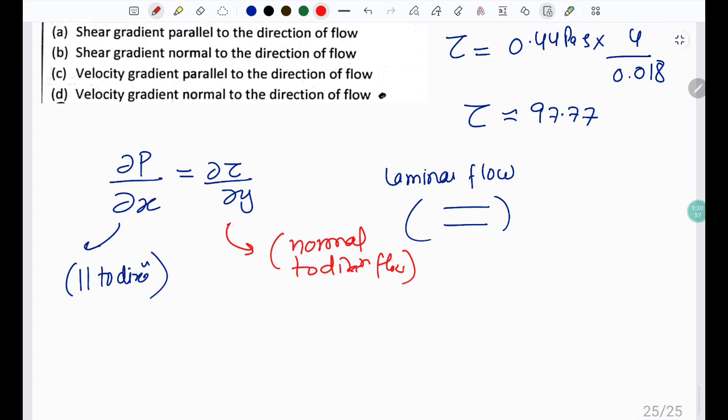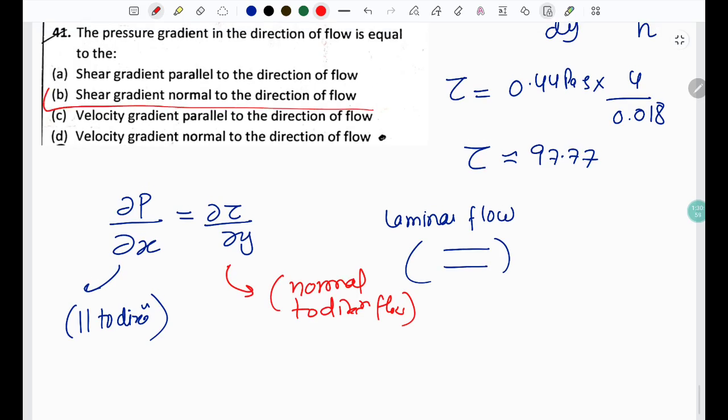Hence the correct answer is shear gradient normal to the direction of flow, and the equation is nothing but Navier-Stokes equation.